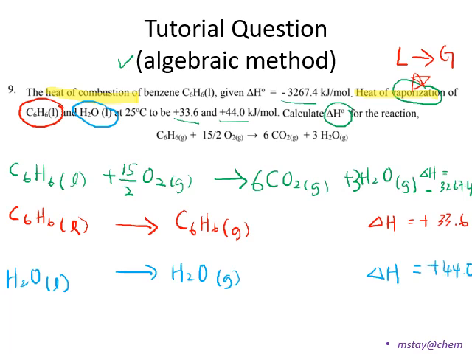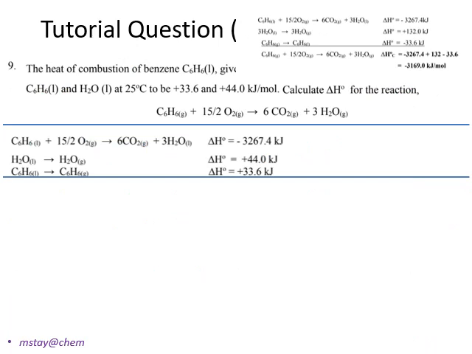So step number 1 is that we need to write the thermochemical equation. Again, that is why the definition of enthalpy is important. After we write the thermochemical equations, we will label them as 1, 2, and 3.